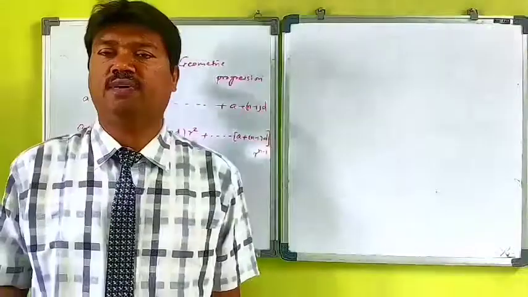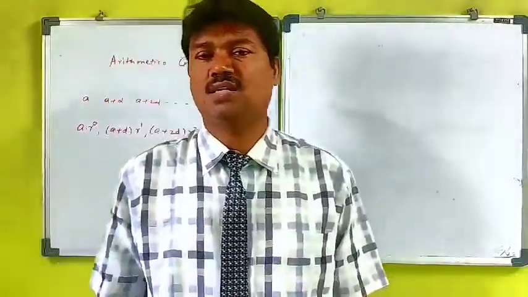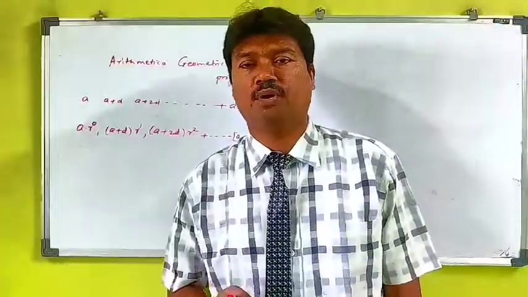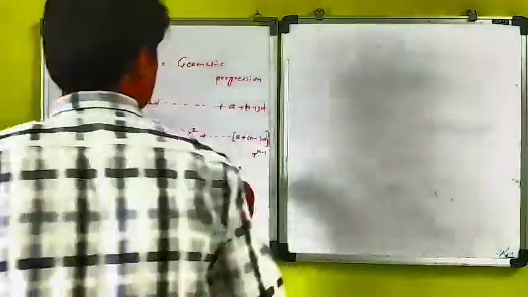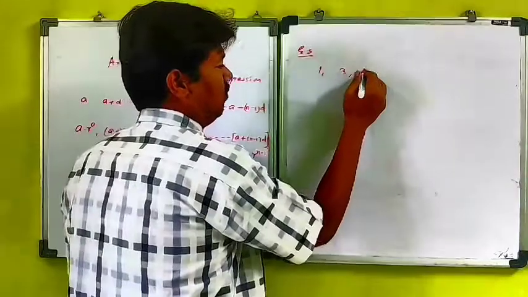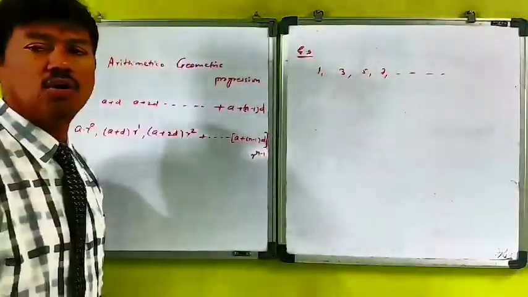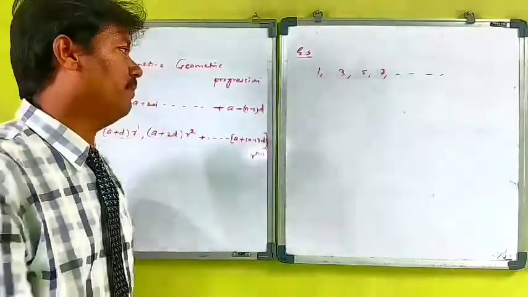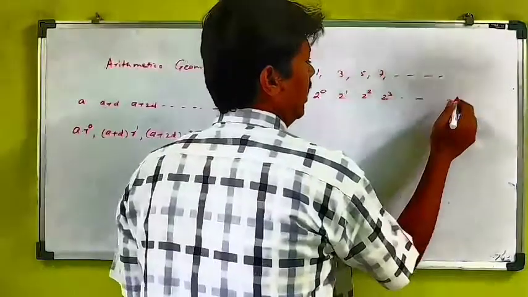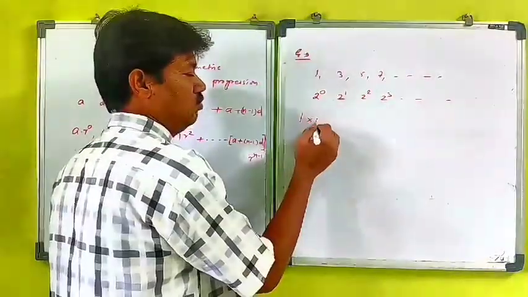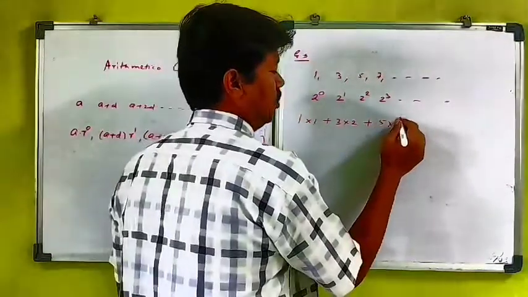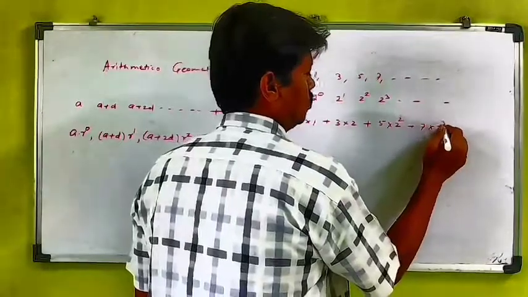So how to find the sum of APGP? That is the basic question asked. An example of this type of sequence: 1, 3, 5, 7 is our normal arithmetic progression, and say 2 is the common ratio, so 2 raised to 0, 2 raised to 1, 2 raised to 2, and so on. So we have 1 plus 3 into 2 plus 5 into 2 square plus 7 into 2 cube.